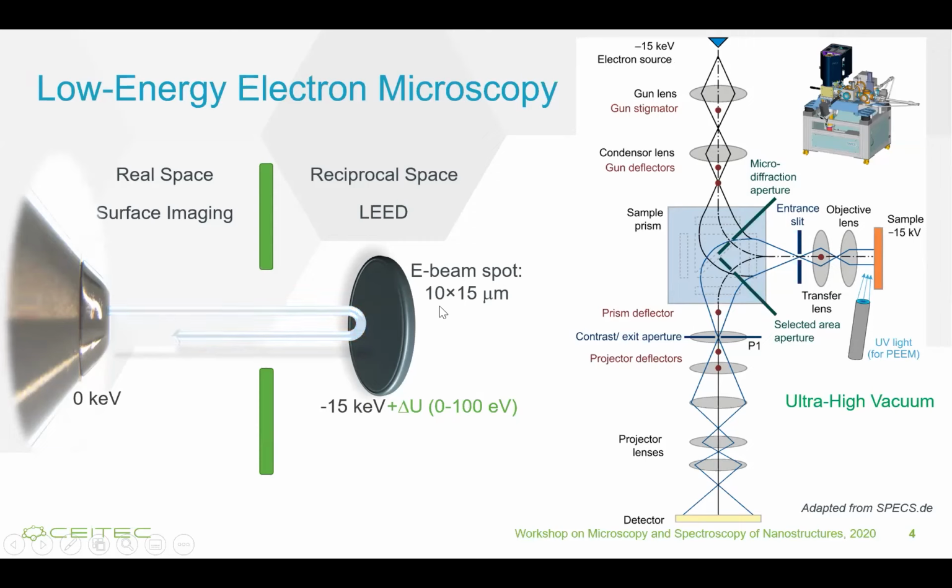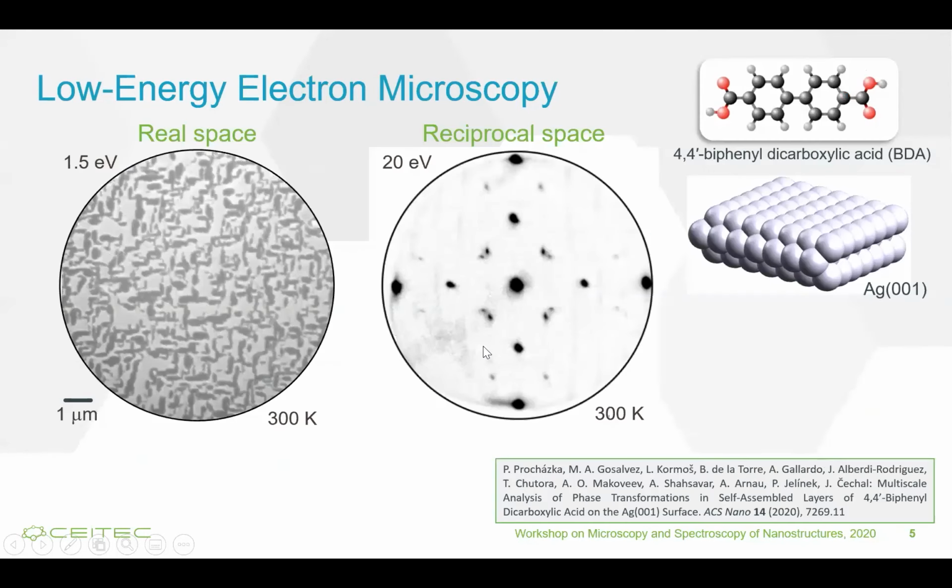The beam spot on the sample is like 10 to 15 micrometers in area. We can go lower to enhance the resolution. And using special apertures in the design, we can access micro diffraction, which I will talk about in a second, and also dark field imaging, which are really nice advanced techniques.